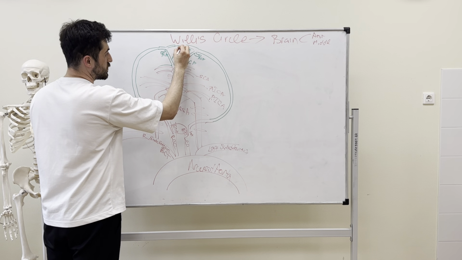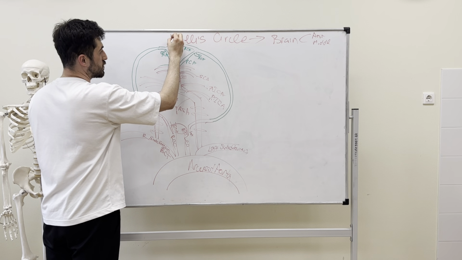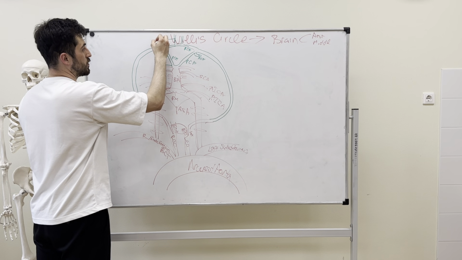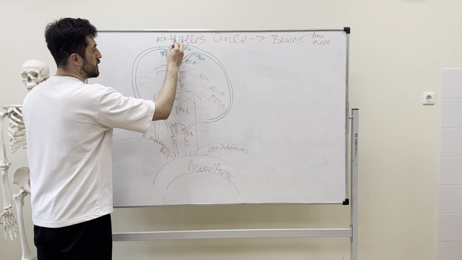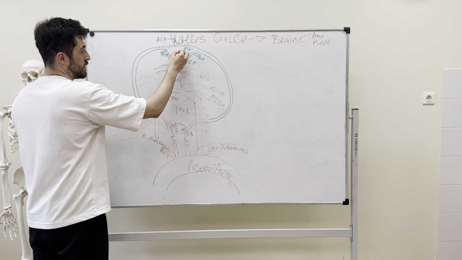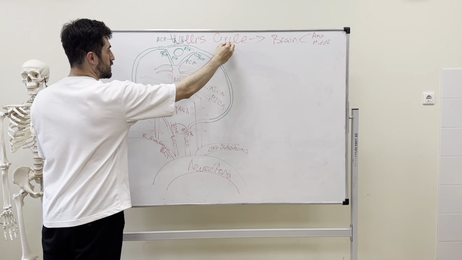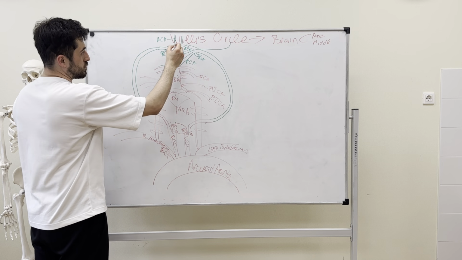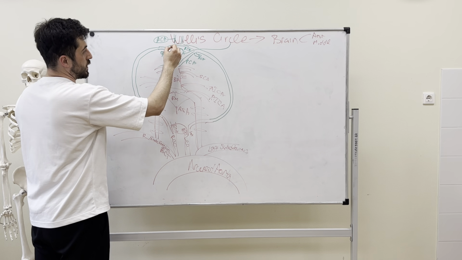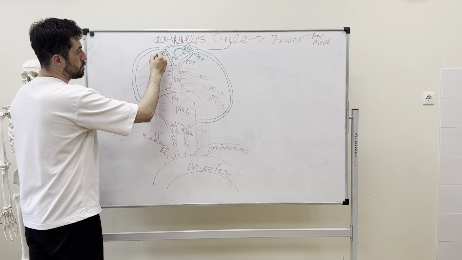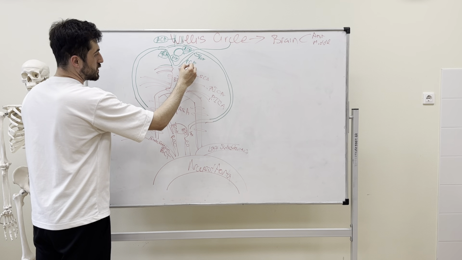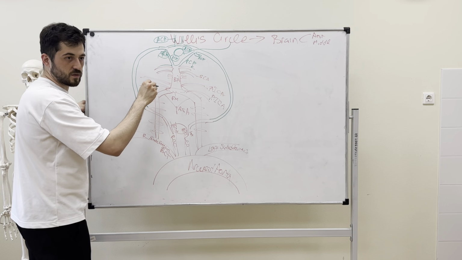Anterior communicating artery. They fuse, and we have two more branches here. These will be the anterior cerebral arteries. Now our circle of Willis is formed right here. So the anterior cerebral artery, anterior communicating artery, middle cerebral artery, posterior communicating artery, and posterior cerebral artery form our circle of Willis.